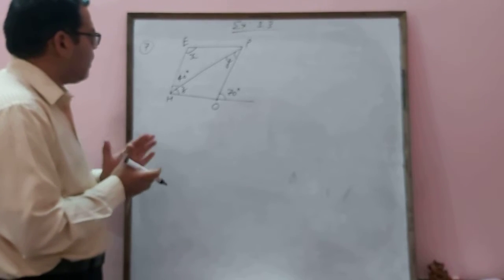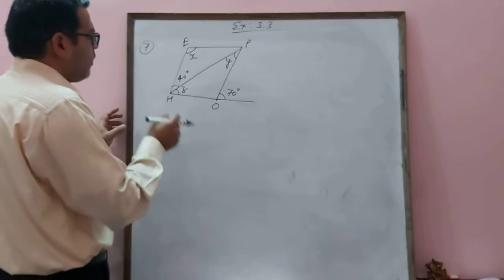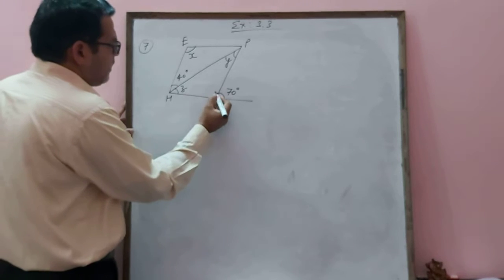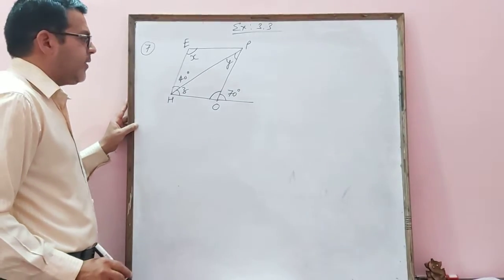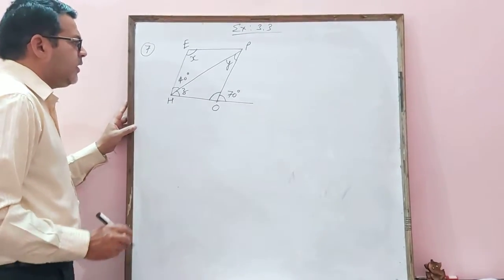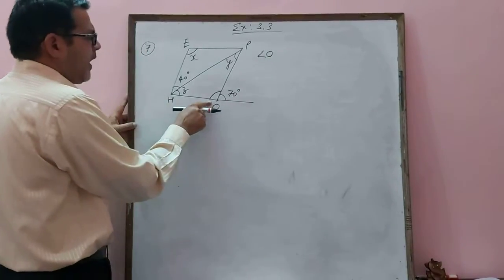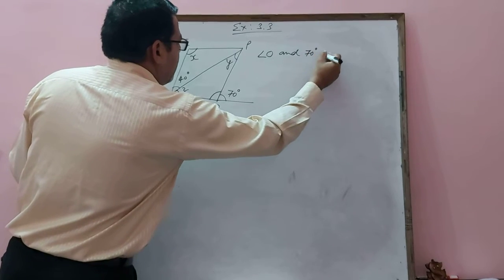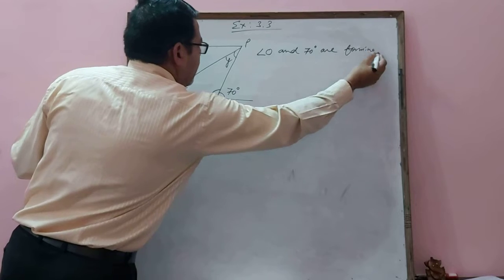So see, this 70 and this angle, they are making a linear pair, right? So we can write here angle O, this angle, and 70 degree are forming a linear pair.